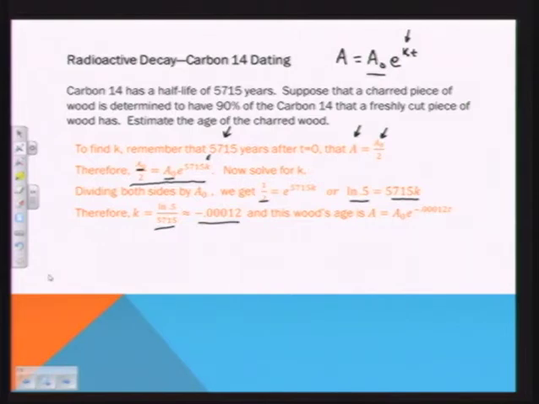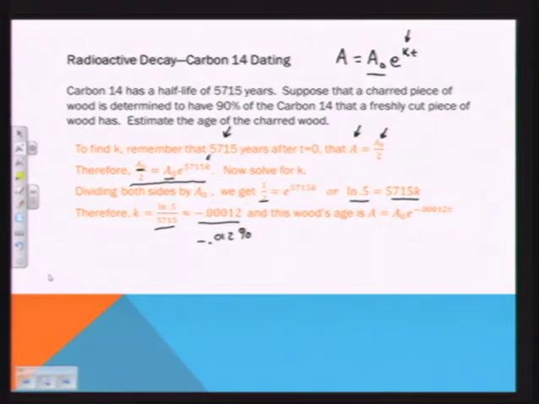0.00012, which means that the rate of decay for carbon-14 is going to be 0.012% per year. So that piece of wood is losing 0.012% of its amount each year.